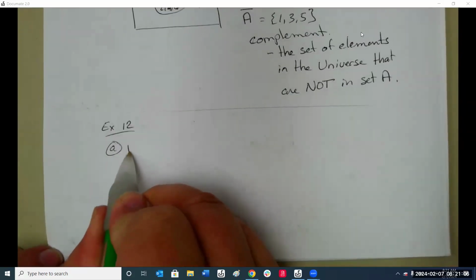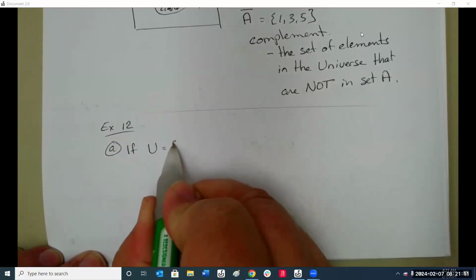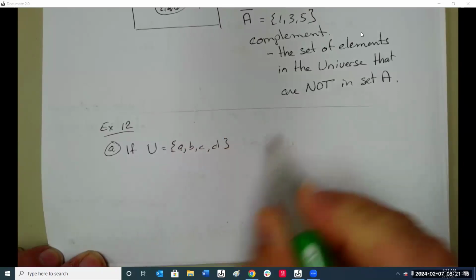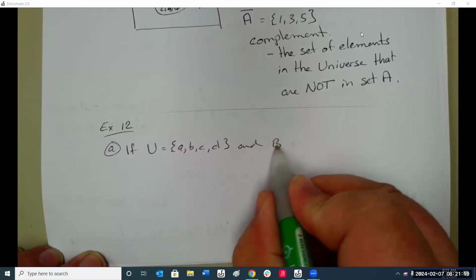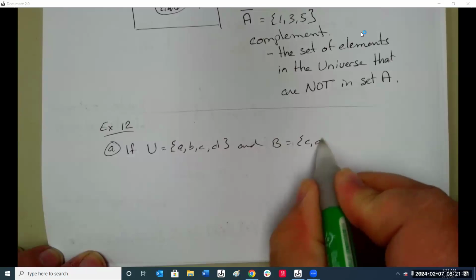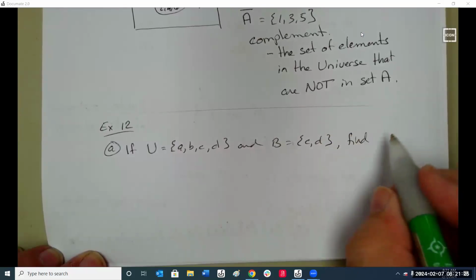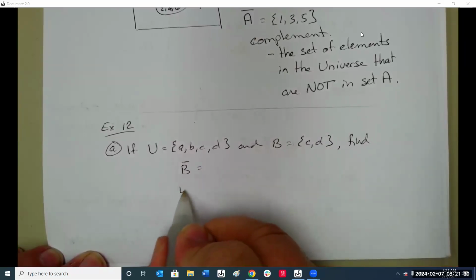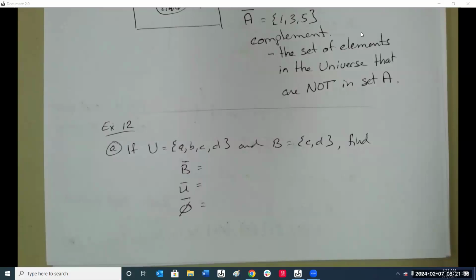A, if the universe consists of A, B, C, D, and set B is C, D, find the complement of B, the complement of the universe, and the complement of the empty set.